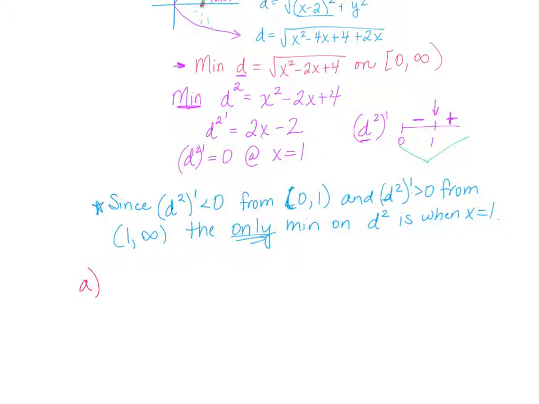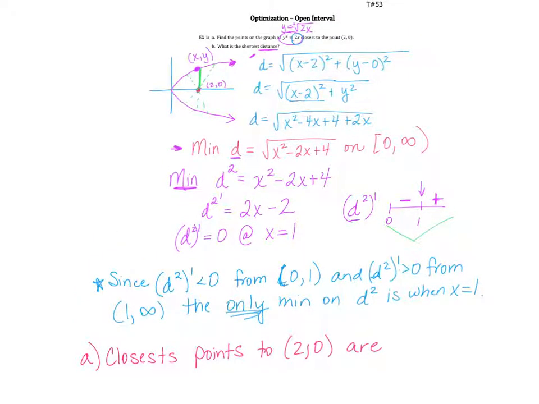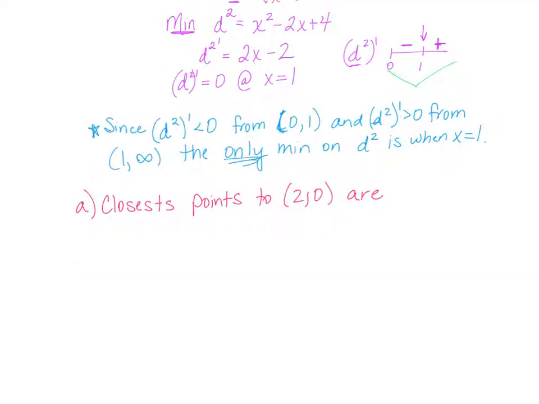So I'm going to do this. Closest points to (2, 0) are, now let me think about this. I should have figured out the numbers first. I know my x-coordinate is 1, but remember way back up here, I have y squared equals 2x. So if y squared equals 2x, then y squared is equal to 2 times 1.